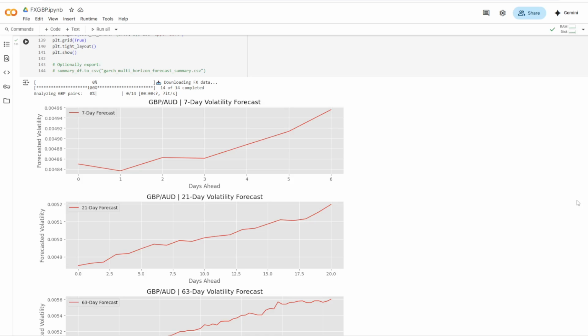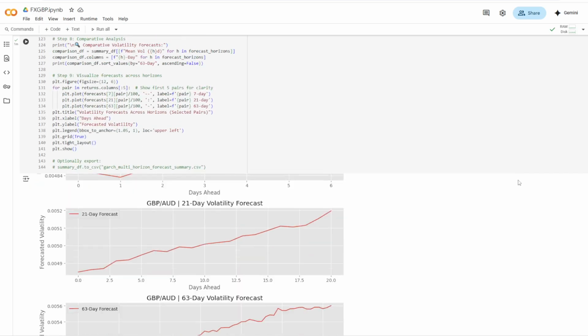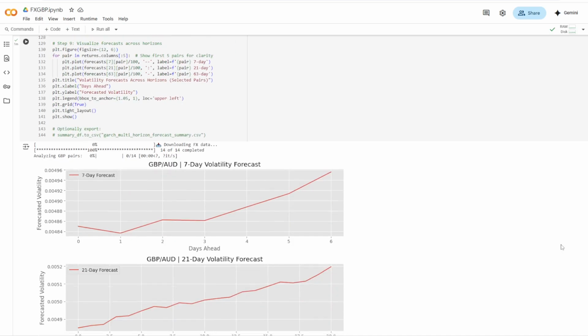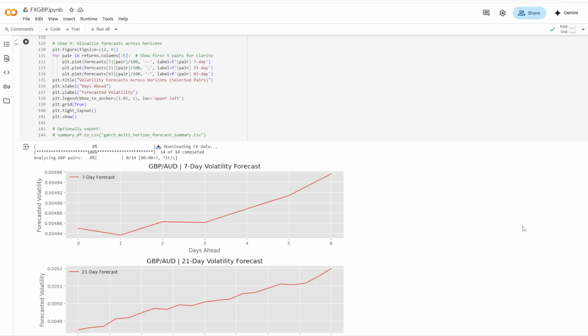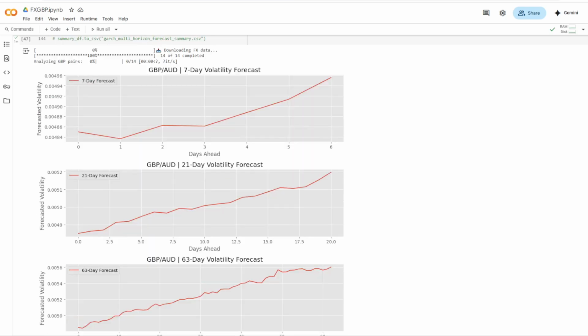Heteroscedasticity presumes that the error variance is not constant within the daily returns. So anyway, let's have a look.